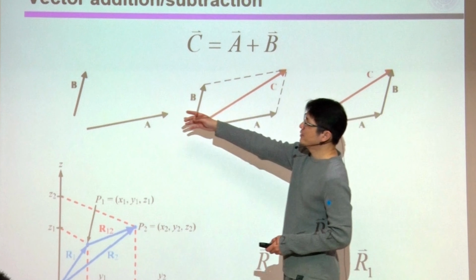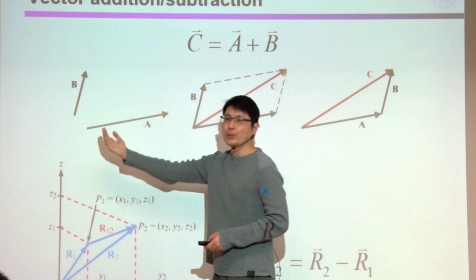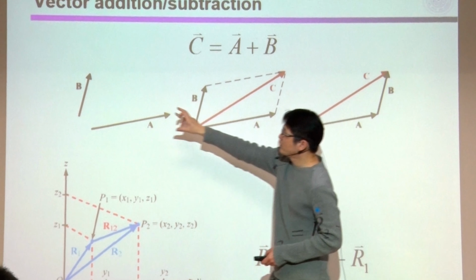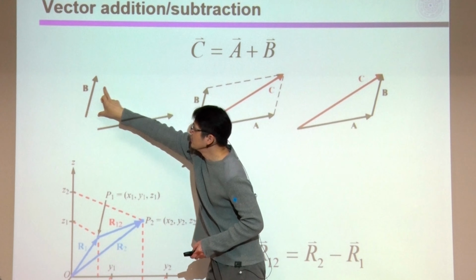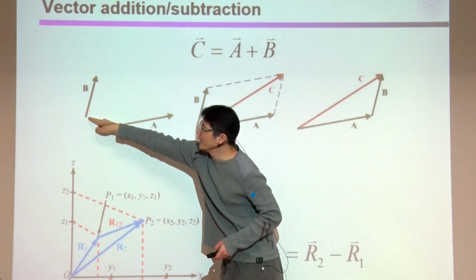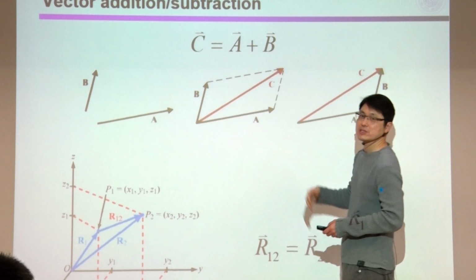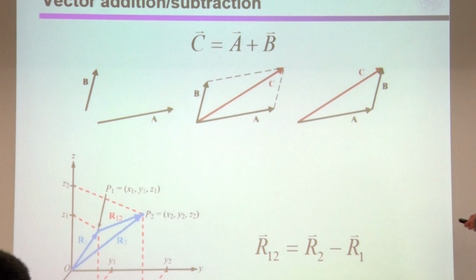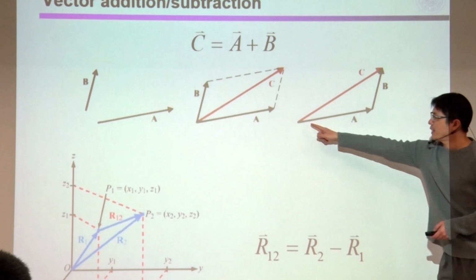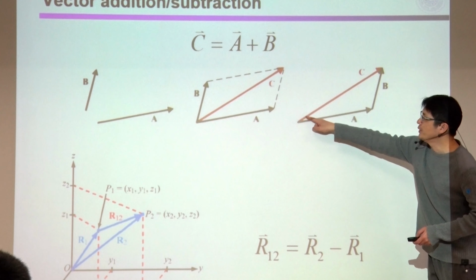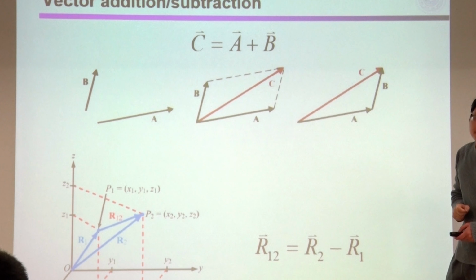So if we have vectors A and B, we want to add between them. In adding, you have to move B, so the starting point is connected to the end point of another vector, so then you can add. Right? So A plus B vectors become a new vector C. Right?